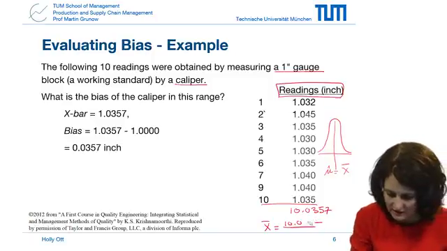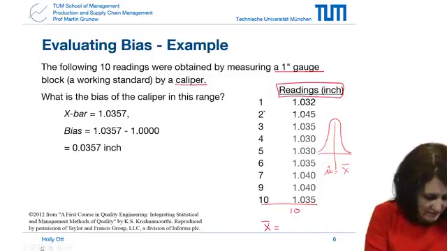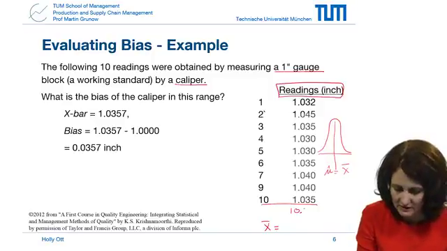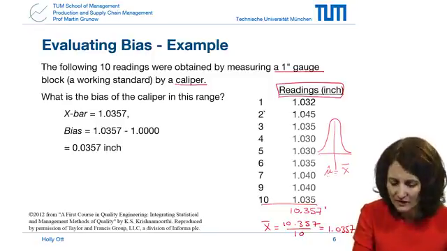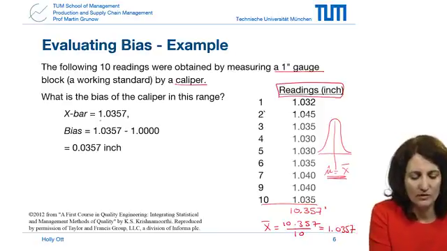Let's erase this just a second. The sum is 10.357 inches. So X bar is 10.357 divided by 10, or 1.0357. So our average value here for these 10 measurements is 1.0357.